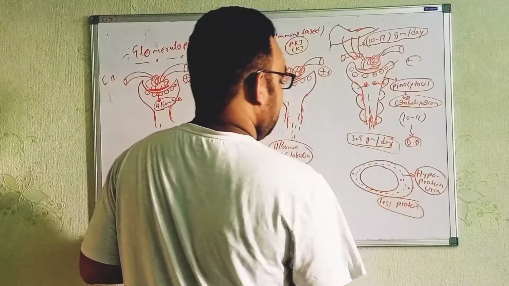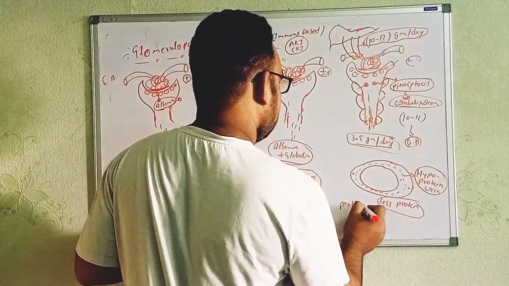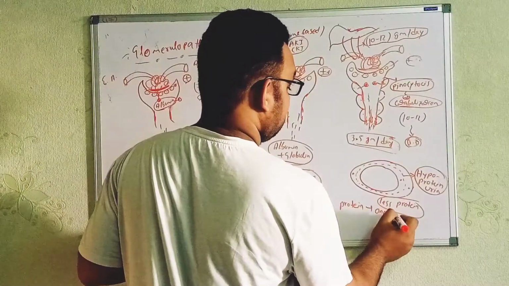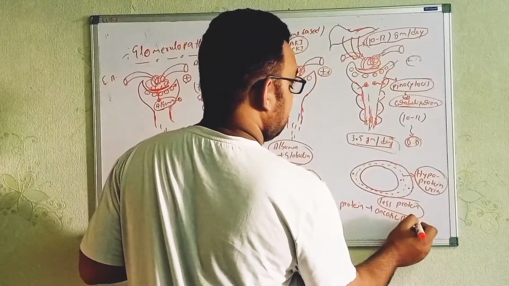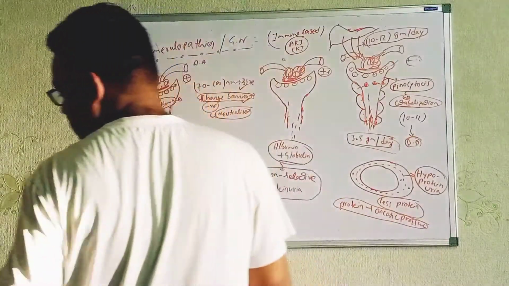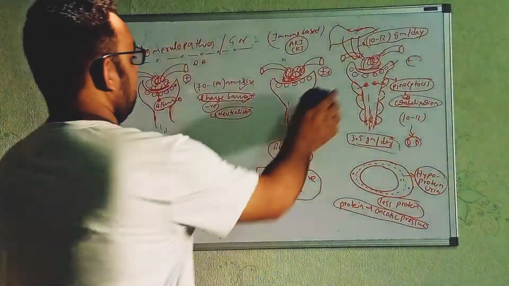Now, the protein is responsible for the development of the oncotic pressure. Now we'll talk about the hydrostatic pressure, the normal physiology part of this one, then it will be understandable for you. So let me erase this part here.